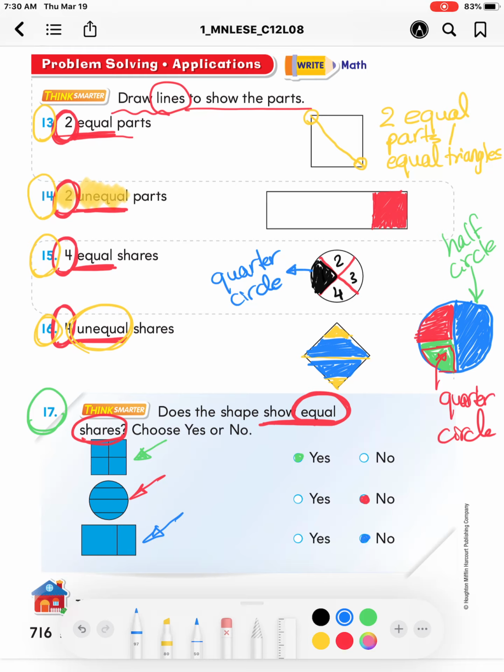It's no. Because those are unequal. Why we said no here? Because those shows unequal parts. And here also, this one shows unequal parts and this one shows unequal parts. But this is the only shape that shows equal parts. That's why we selected yes.